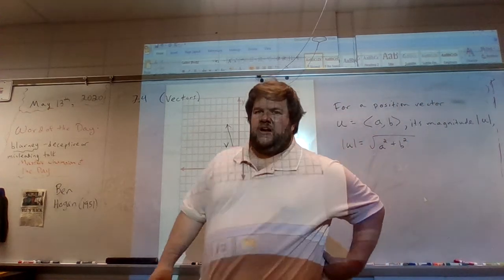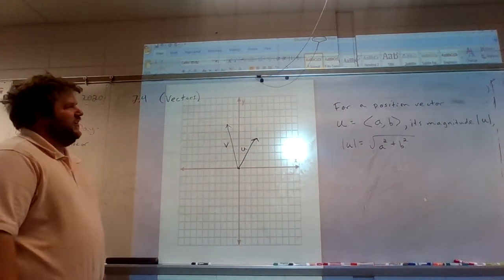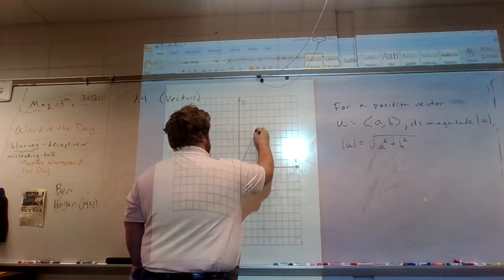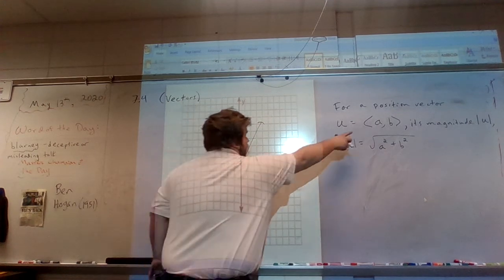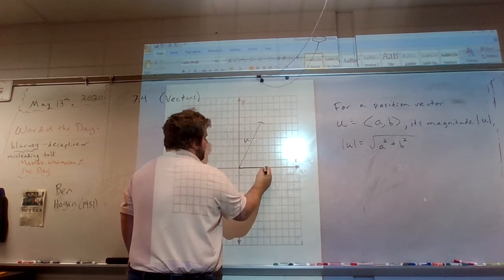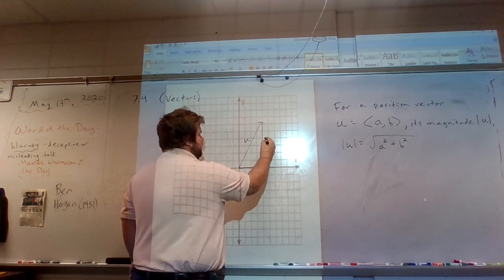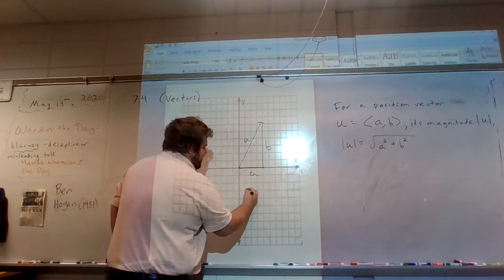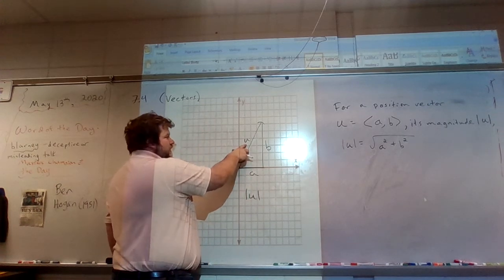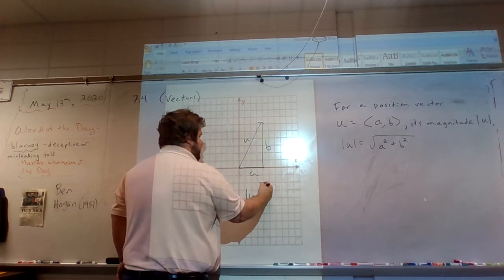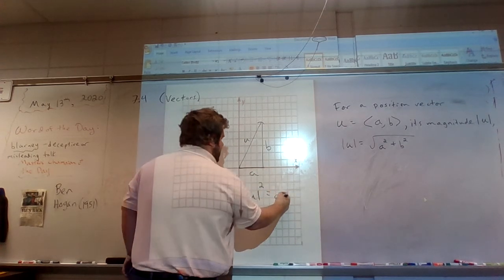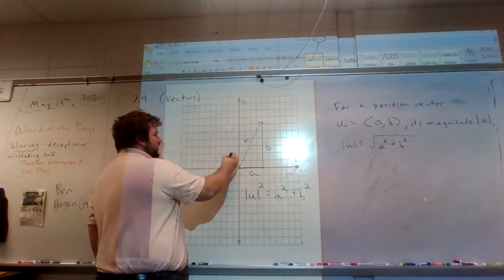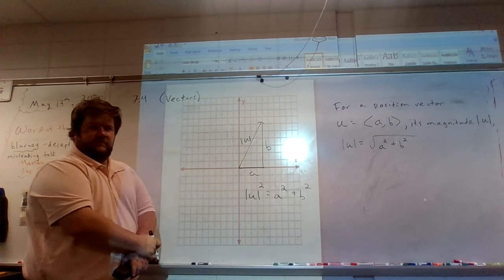Okay, so where does that come from? Why is that the magnitude of the vector? Well, if I have any random position vector, say U, and it has a horizontal component A and a vertical component B, then it's going to look something like that, right? And if I'm talking about the magnitude or the length, then the Pythagorean theorem applies. So the magnitude squared, like our c squared, is equal to a squared plus b squared, if you think about this magnitude as representing the length of the vector.